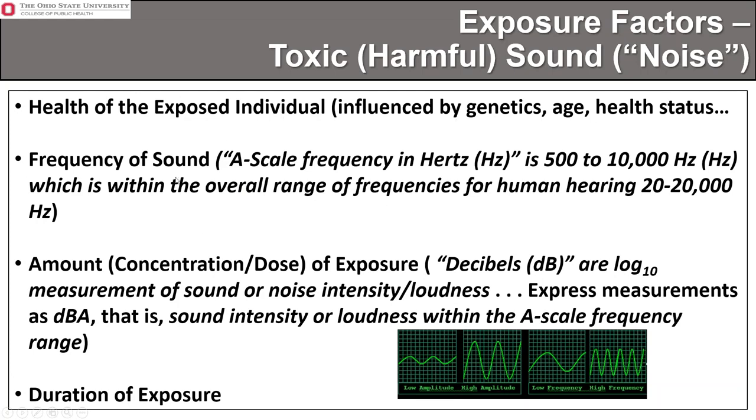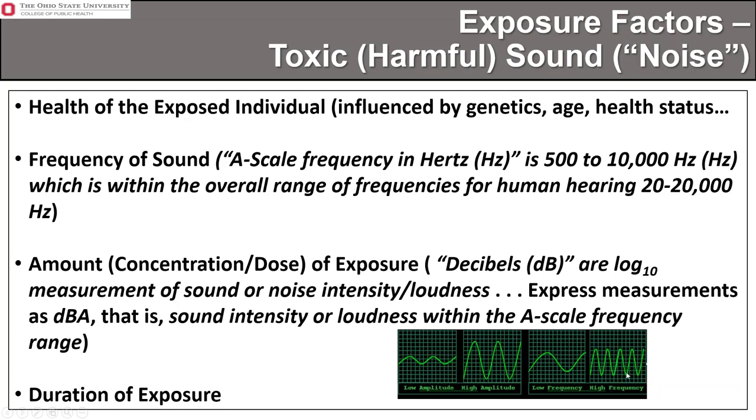But with sound, we have a few other characteristics. When we look at sound, we first ask, what is the frequency? And A scale is a great trivia question. It refers to 500 to 10,000 hertz. It represents the A scale. This is the range of frequencies. Remember, frequency is the wavelengths, the number of wavelengths within a given period.